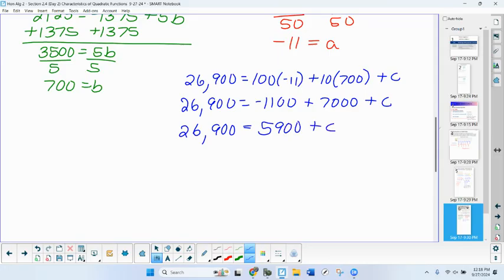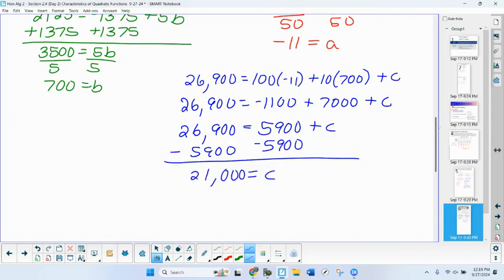What do we do to solve this? Subtract 5,900. And what's C? 21,000. So we have A, negative 11. B is 700. C is 21,000.